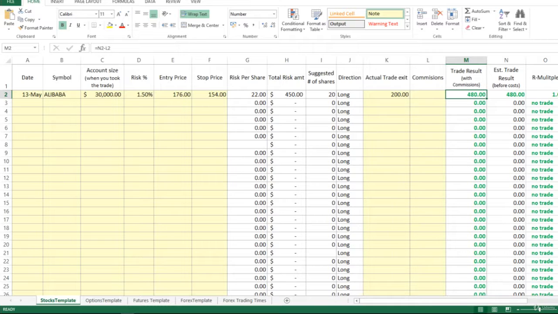In your own local market, you can use this journal template to make your work easier, to calculate how many shares, and at the end of the day, you want to know of your total account how much you made. Are you losing or are you making money at the end of the day?